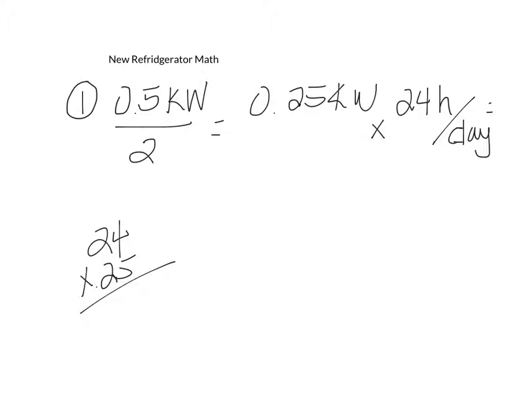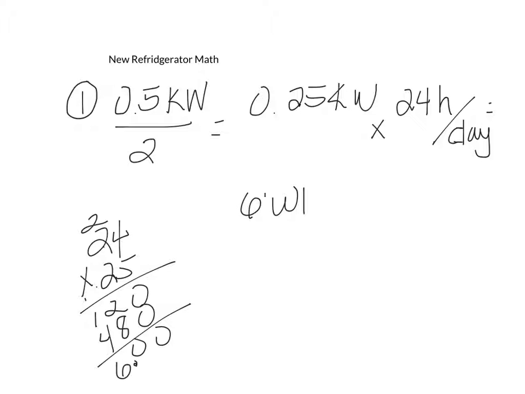And when we do this side math all the way out, pause the video so that you can do the side math here. Our number here comes out as 6 kilowatt hours per day.